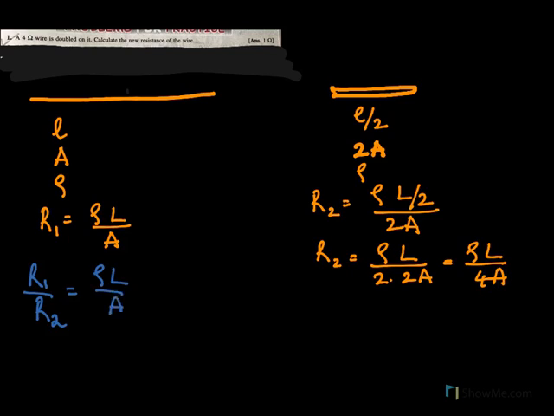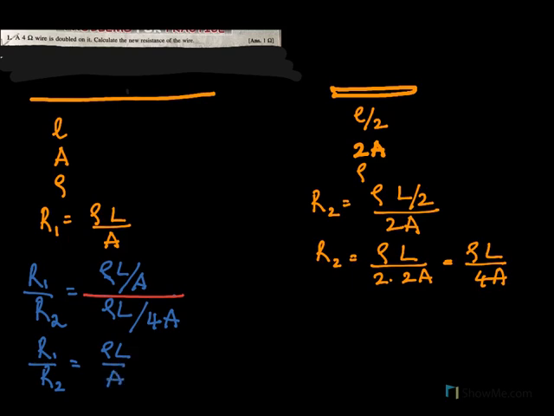Now resistance 1 over resistance 2 will be, so this is resistance 1, divided by resistance 2, that is rho L over 4A. So your R1 over R2 will be equal to, remember the division is at this point, so we have rho L over A, and now we put division and rho L over 4A.